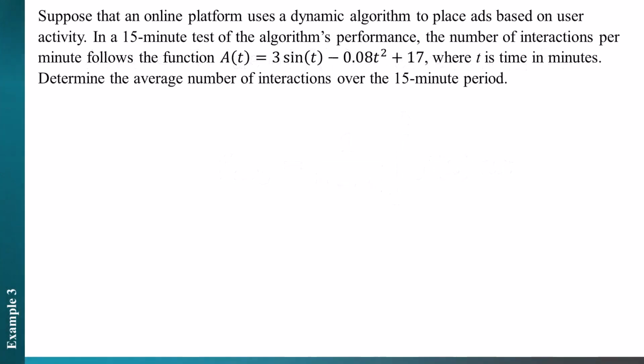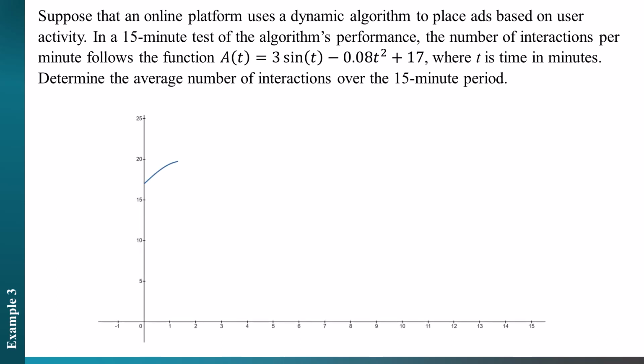Suppose that an online platform uses a dynamic algorithm to place ads based on user activity, maximizing visibility and interaction. In a 15-minute test of the algorithm's performance, the number of interactions per minute follows the function a of t equals 3 times sine of t minus 0.08 t squared plus 17, where t is time in minutes.